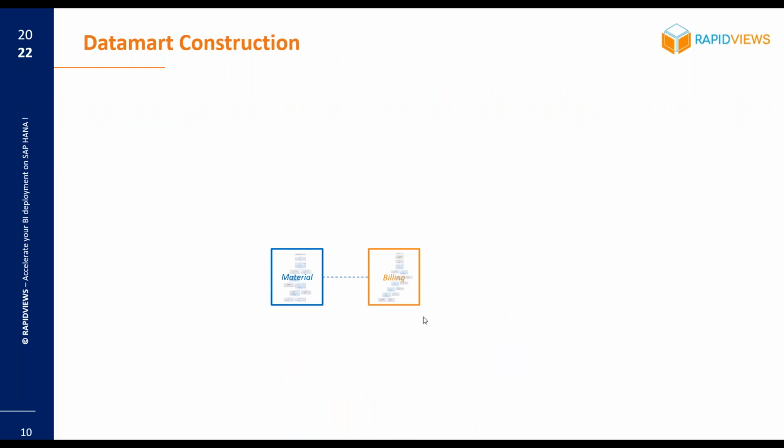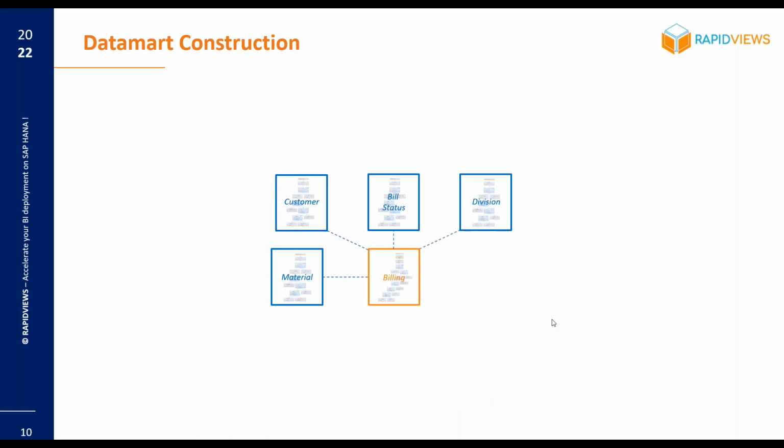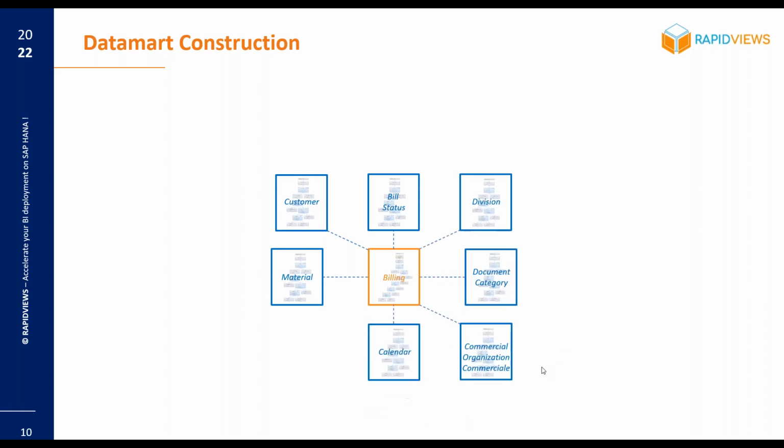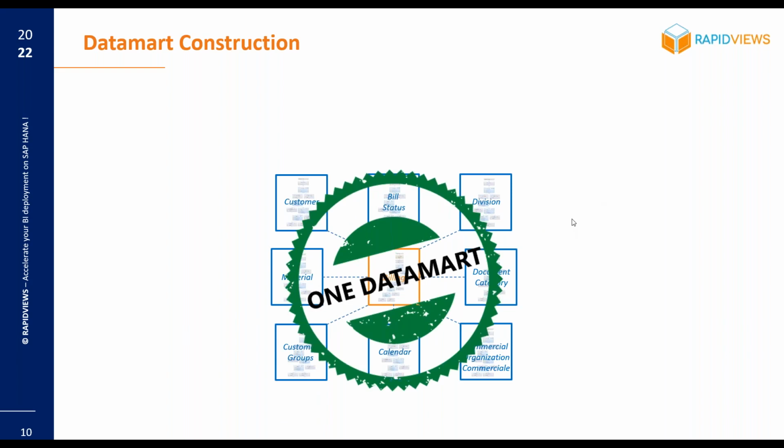We built a fact view, and around it we built all the different dimensions built on different modules. For example, here: billing, material, customer, bill status, division, document category, commercial organization, calendar, and customer groups. And this all makes one data mart.